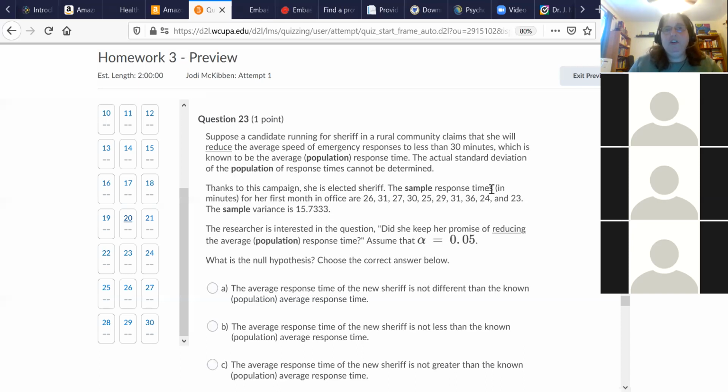I'm still comparing an X bar to a mu. I'm still comparing a sample to a population. However, I'm not given any sigma squared, any sigma, anything like that. I'm not given a population variance. So this is a t-test for a single sample.